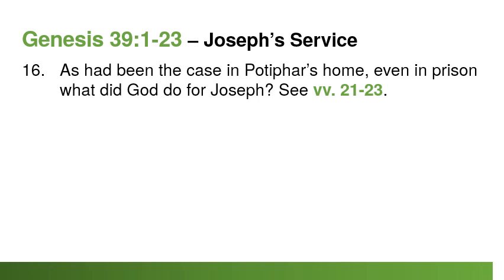So things have gone from bad to worse for Joseph. It's bad enough that his own brothers sell him into slavery. But now he is falsely accused of a terrible crime, thrown into prison for the rest of his life.